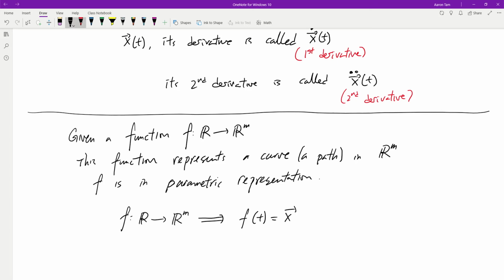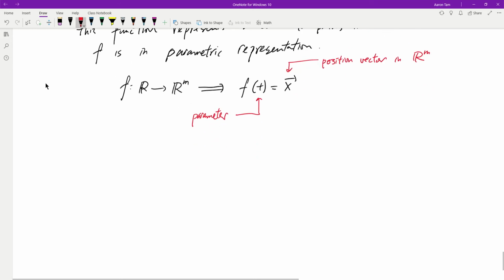In this scenario, t is our parameter. And as a matter of fact, you can think of t as the time variable. Then what is vector x? Vector x in this case would be the position vector in Rm.